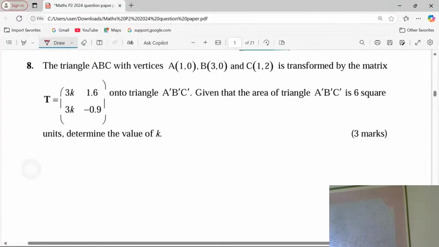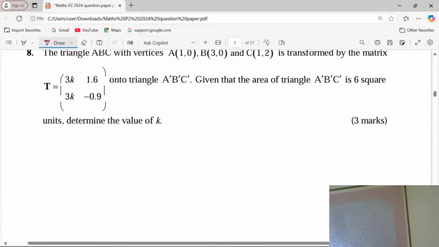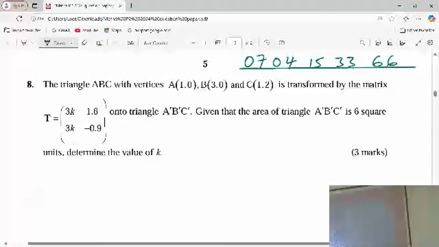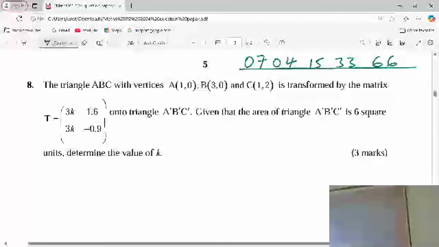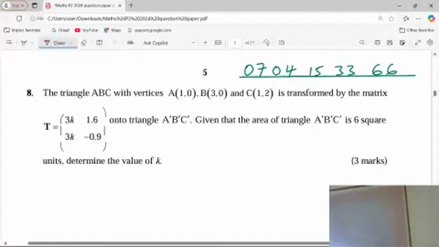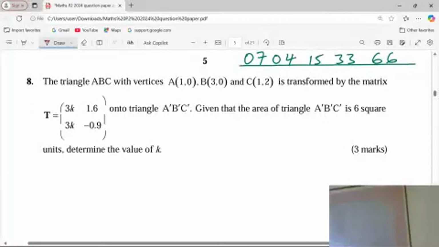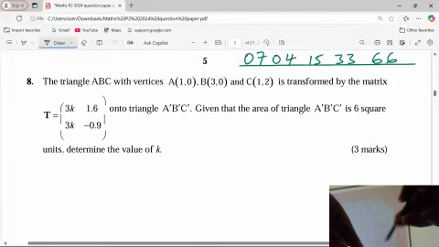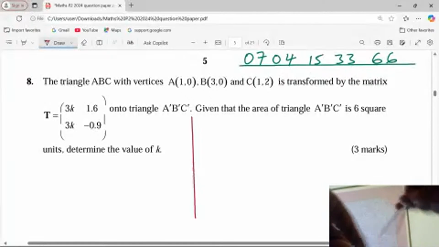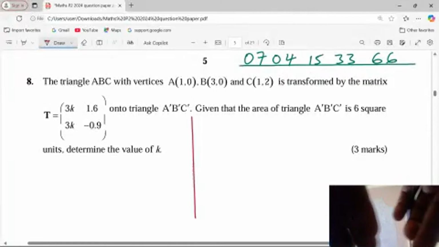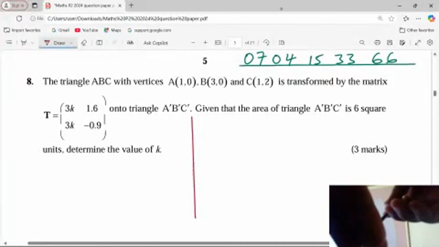We are having a triangle whose area we don't know, but the coordinates have been provided. Now that we have the coordinates, try to sketch the triangle and see the area. I'm just doing a sketch for those who may not understand.